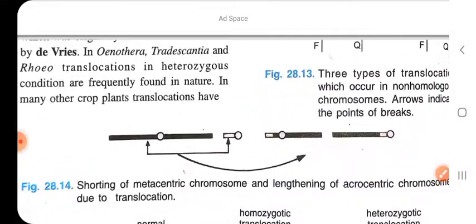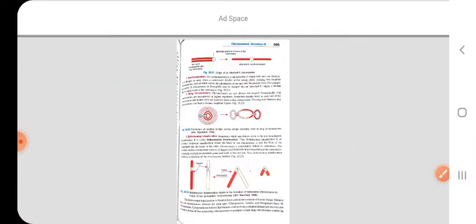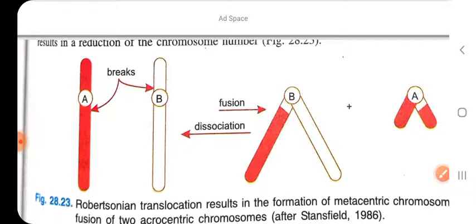Let us see the acrocentric chromosome. So again I repeat, translocation may cause change in the morphology, that means change in the structure, and it causes change in the appearance of the chromosome by centric fusion between two acrocentric chromosomes, and the two acrocentric chromosome segments join together to form a metacentric or sub-metacentric chromosome.